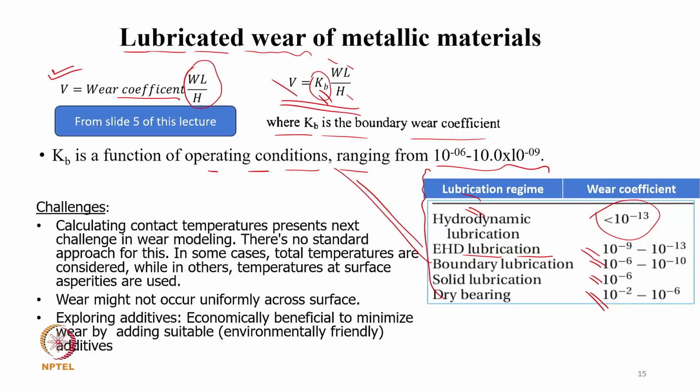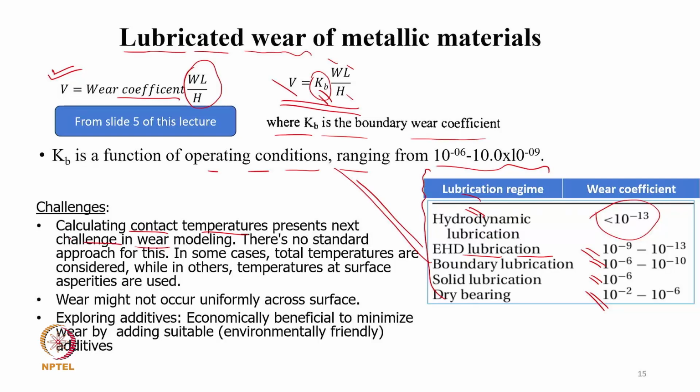However, what are the challenges? We say calculating the contact temperature. When the two surfaces come into contact, they rub against each other and cause an energy loss. Naturally, the local temperature will be on a higher side. So how do we go ahead and model those things? We don't have any standard approach till today. People have done modeling, but we don't have exactly the right thing.